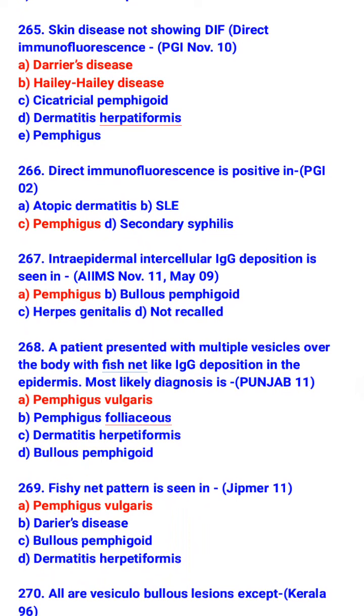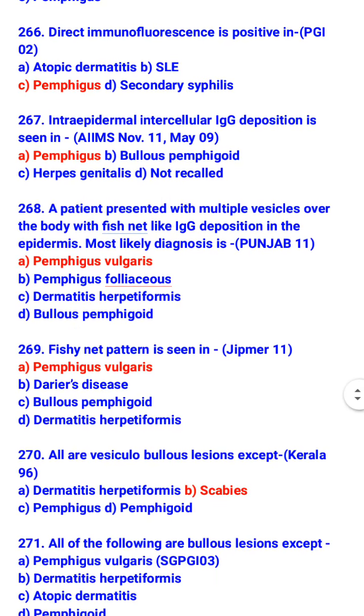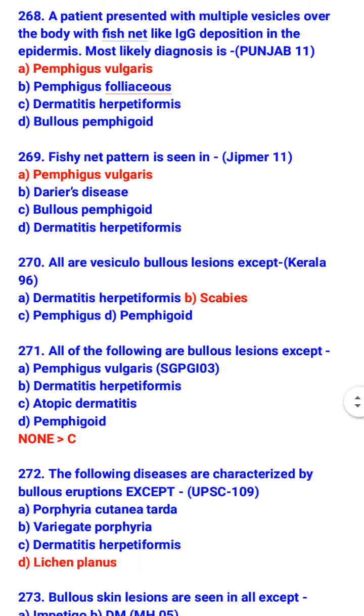Intraepidermal intercellular IgG deposition is seen in pemphigus. A patient presented with multiple vesicles over the body with fishnet-like IgG deposition in the epidermis; the most likely diagnosis is pemphigus vulgaris. The fishnet pattern is seen in pemphigus vulgaris.